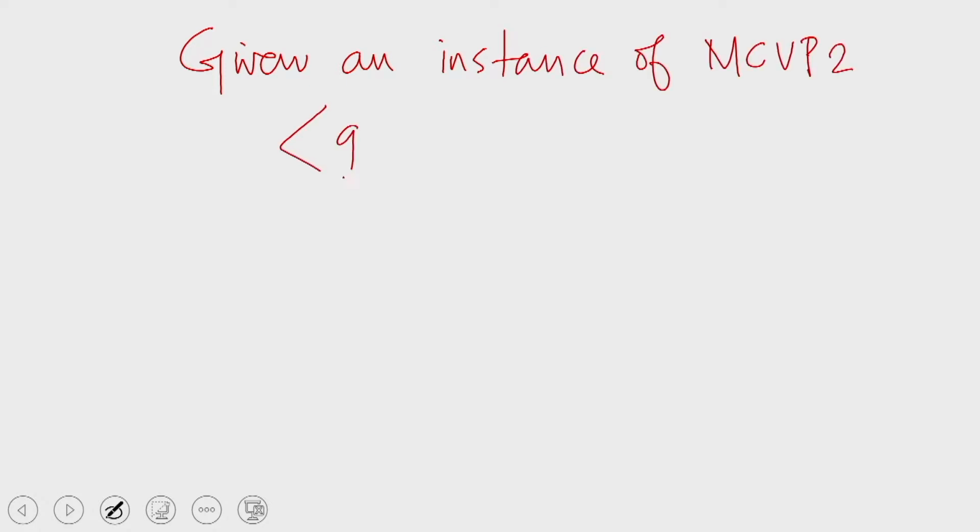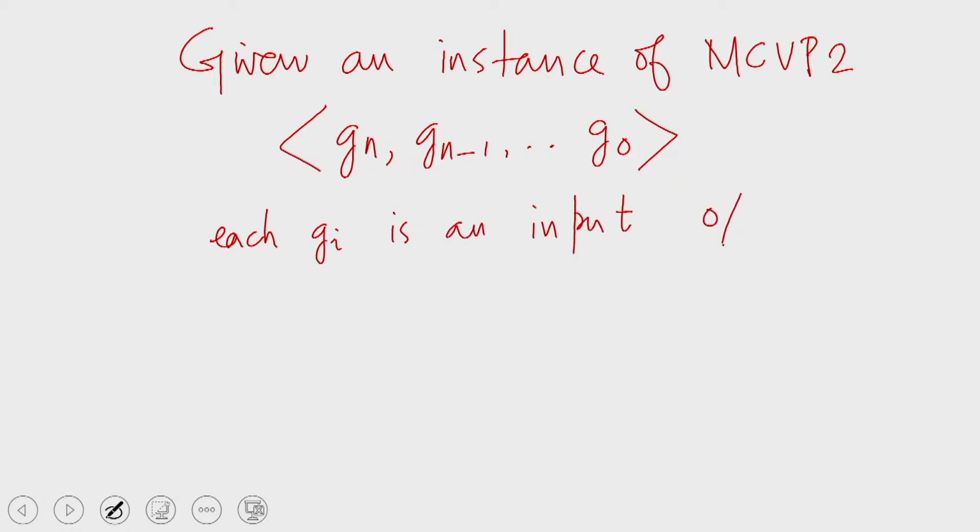So we are given an instance of MCVP2. Let this instance be represented like this. We are numbering the gates from the other end. So the last gate will be now numbered G0. In this, each Gi is an input 0 or 1, or it is the AND of Gj and Gk, where j and k are greater than i.